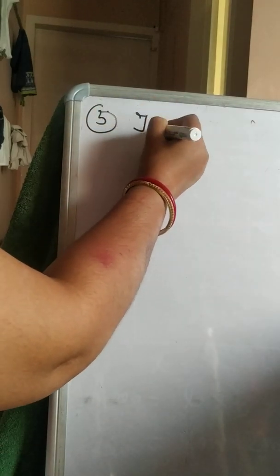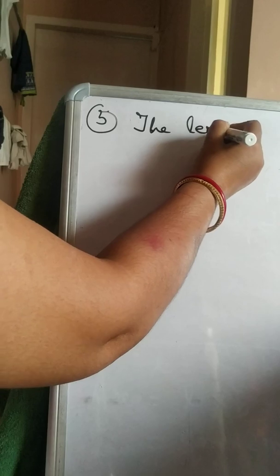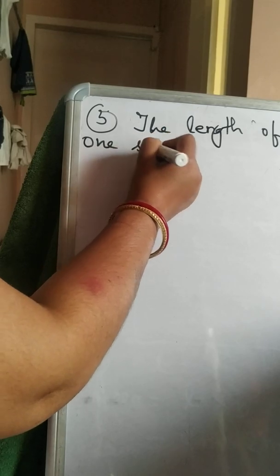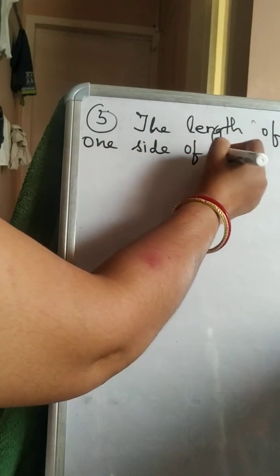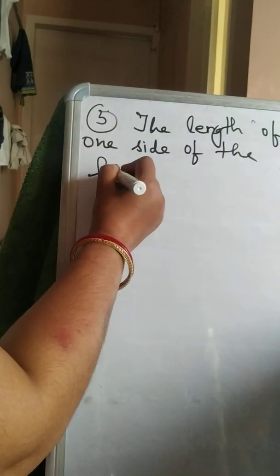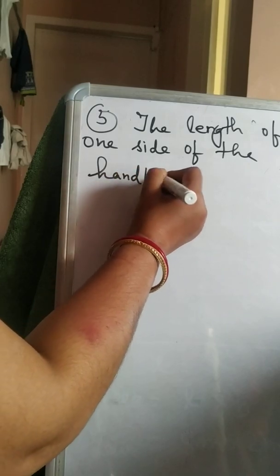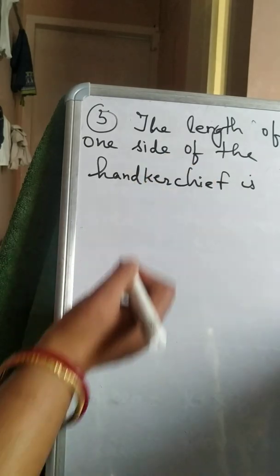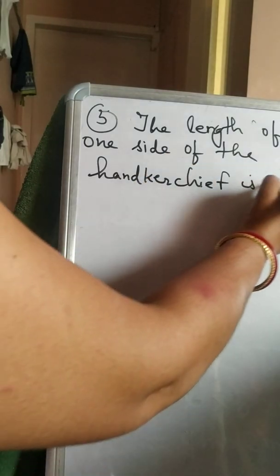So come to question number 5. In question number 5, the length of one side of the handkerchief is 22 centimeter.